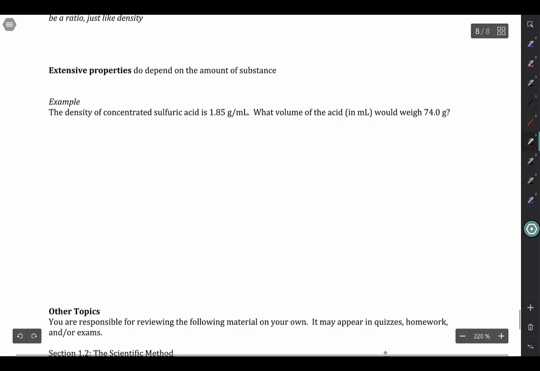So whenever I see something like 1.85 grams per milliliter, I might rewrite that as an equivalence factor: 1.85 grams of concentrated sulfuric acid is equivalent to 1 milliliter.